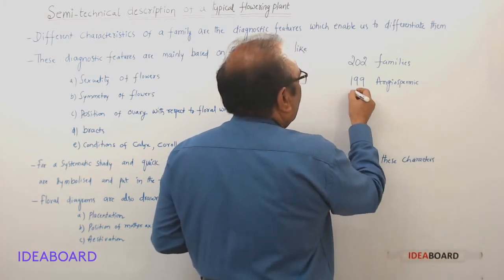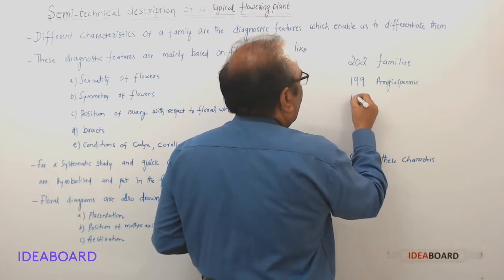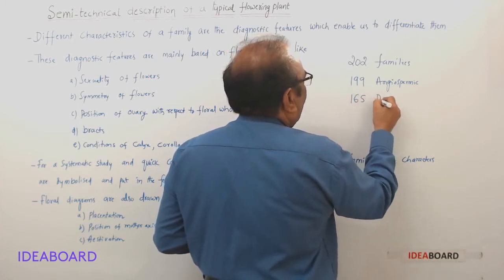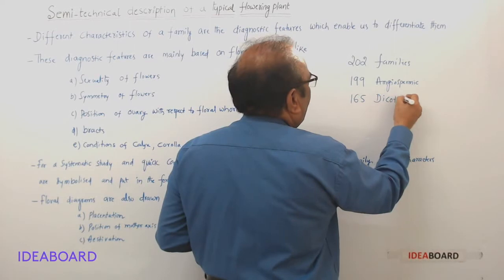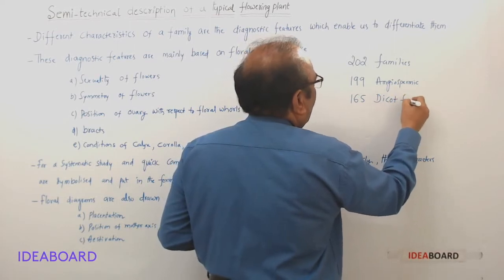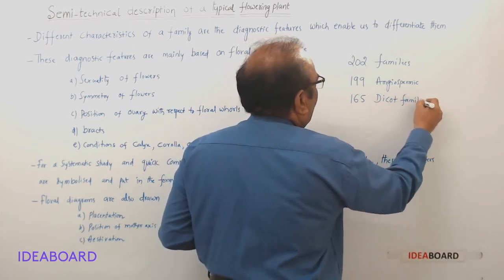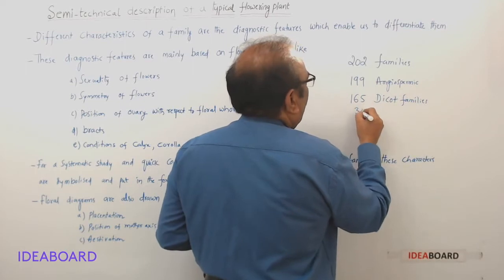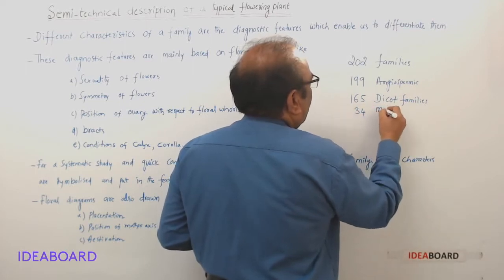Okay, but in this 199, 165 are dicot families. Thirty-four are monocot families.